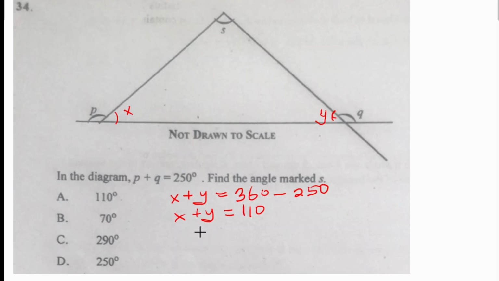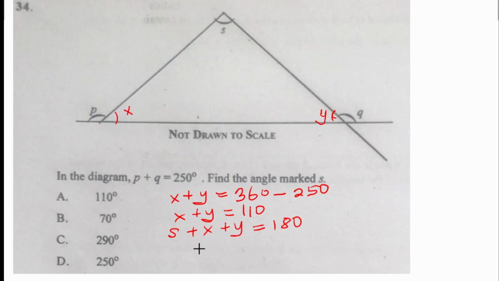So if x plus y equals 110, now we know that the sum of angles in a triangle, that is S plus x plus y, will be equal to 180 degrees, which is the sum of interior angles of a triangle.